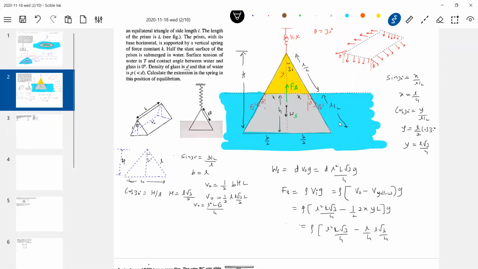L root 3 by 4 into L into g. Rho L square will come out. So root 3 by 4 minus root 3 by 16. Anybody get the value? 1 by 4 we can take outside, no? 3 by 16.